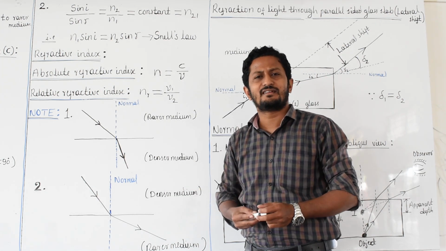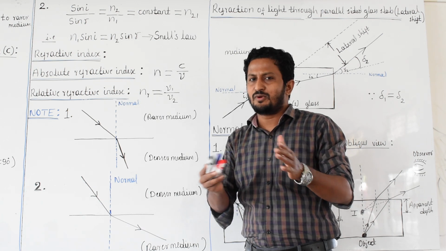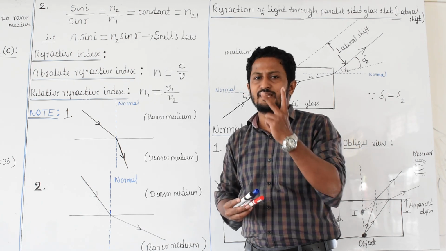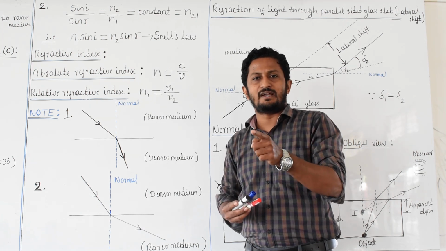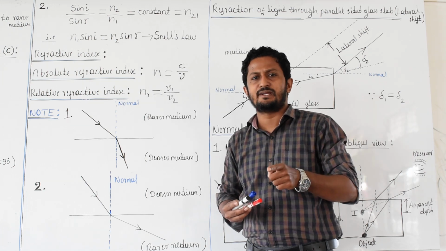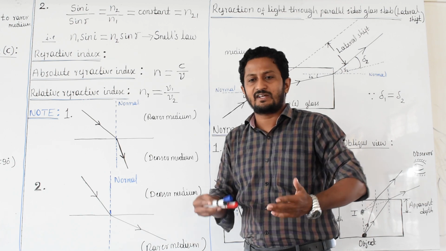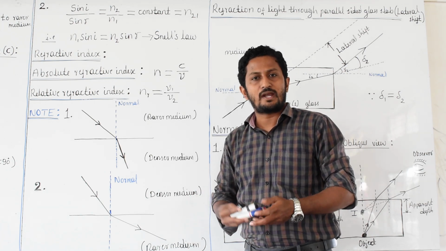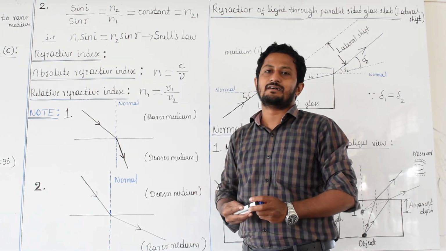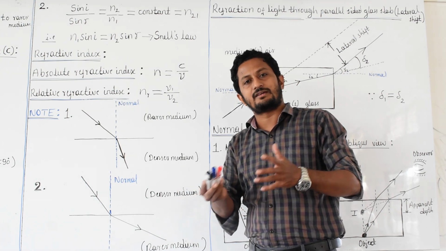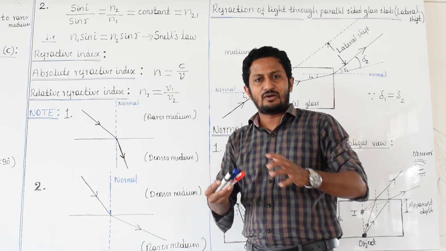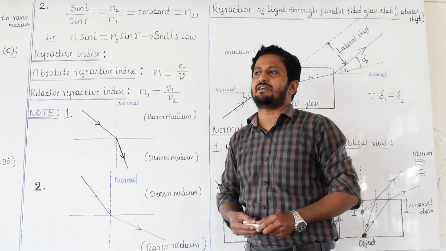What does it mean? When we talk about refractive index, we need two mediums because the light ray has to come from one medium and enter into another medium. There we observe what happens to its speed, whether it is going to increase or decrease. That we call a refractive index.